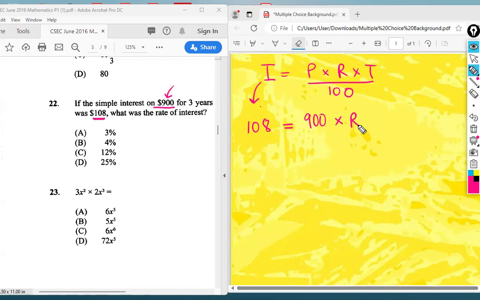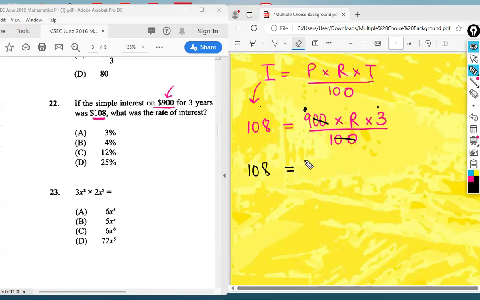We don't know the rate, and they gave us the time as 3. Right now, this question, we don't have to cross multiply. I mean, I could, right? But there's actually an easier way to do this. If you look at it, the 2 zeros here will cancel out with the 100, right? So the denominator is 1. Anything divided by 1 is itself.